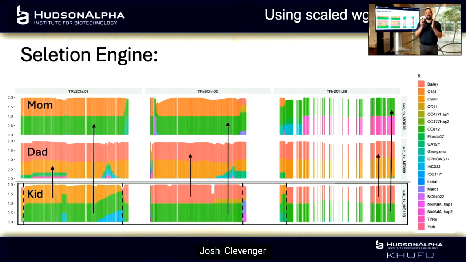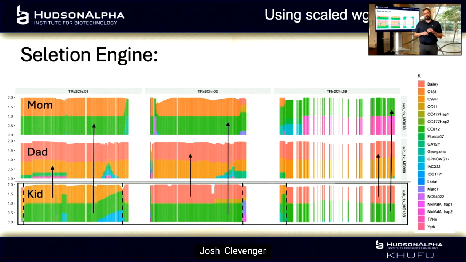So let's just look at the left set of graphs there. The top one is mom, and mom is a hybrid. And you can see mom has haplotype orange and haplotype green. And the second one down there is dad. And there's a little bit of noise in there because, again, we're looking at SkimSeq, but we're inferring haplotypes using the pangenome graph.